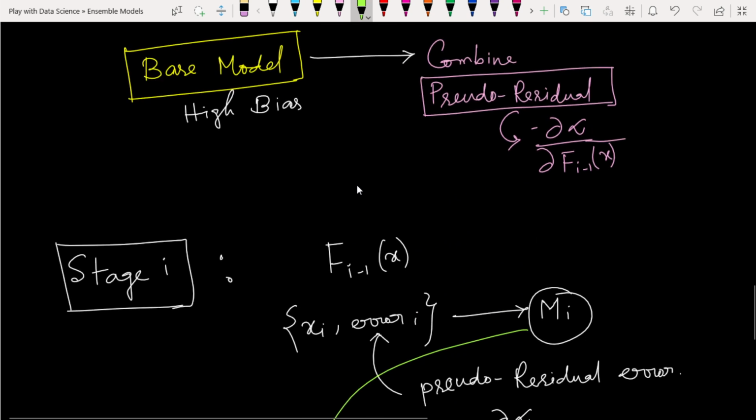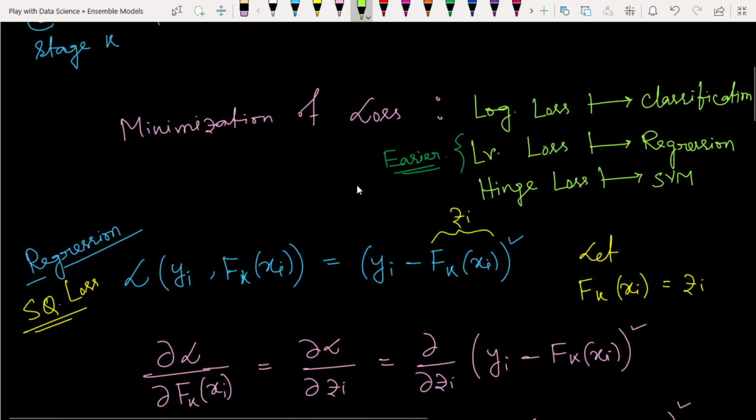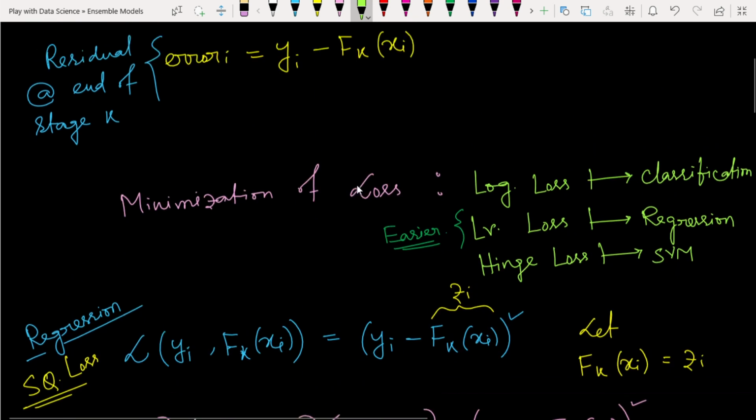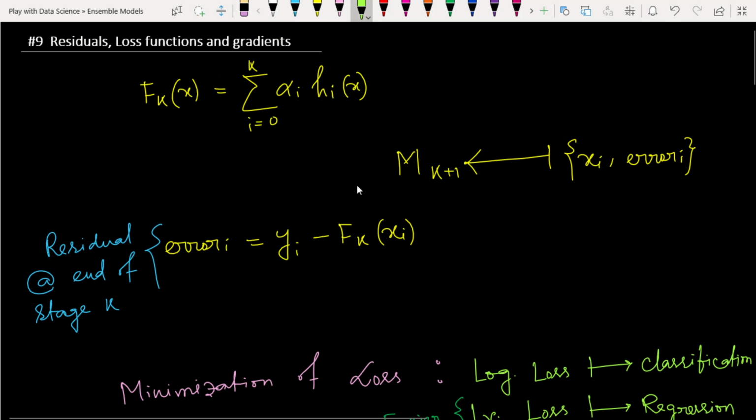I think the main motto of this lecture is clear: how the gradient boost techniques internally do this kind of job. I have given the main intuition behind the reasons. In the next lecture we will see in detail how the gradient boost technique works from a mathematical point of view. This is the simple introduction to the gradient boost technique.